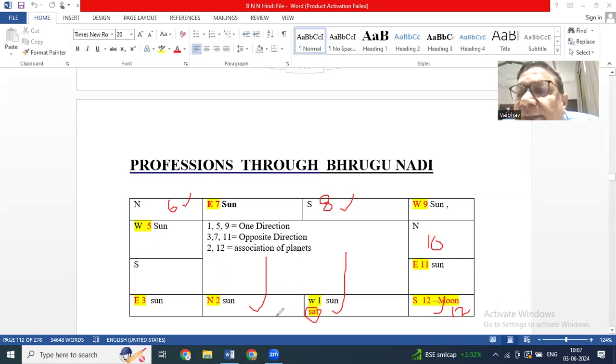If the 10th Lord is posted in the 10th house only, that will be fine. If the 10th Lord is in the third house, the third house is communication and journeys. So marketing people, most of the time, will succeed in their life.